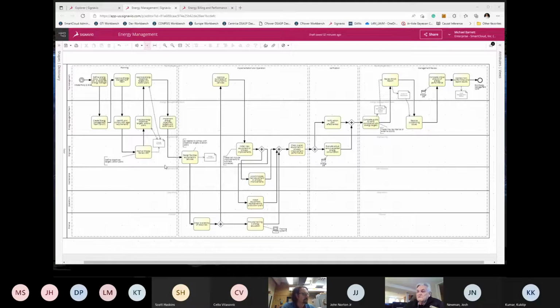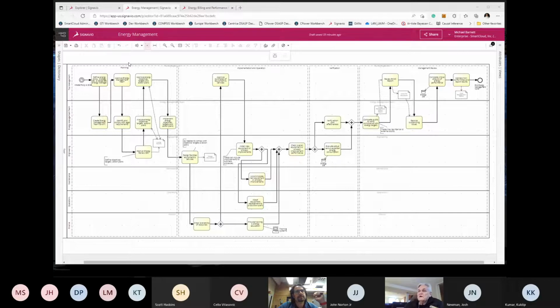Okay, so looking at this at the highest level, this model is taken from a paper that elaborated an industry energy management business process in BPMN, with a particular focus on how it would support the ISO 50001 standard. So it should have some of the aspects that you would see in that standard.